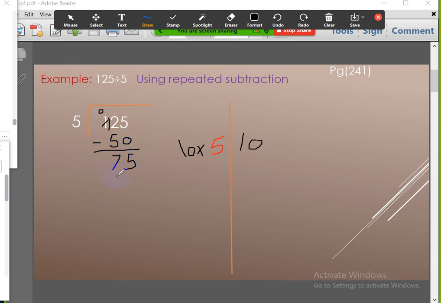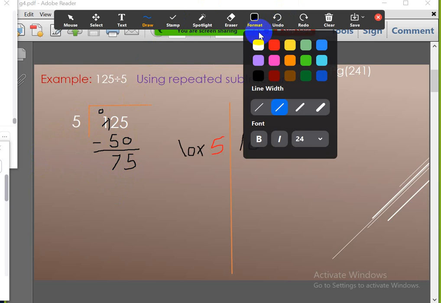So look, I have 75. Still, can I divide 75 on 5? Yes, of course I can. I can divide 75 on 5 because 75 is greater than 5. So I will take what? The divisor, girls.